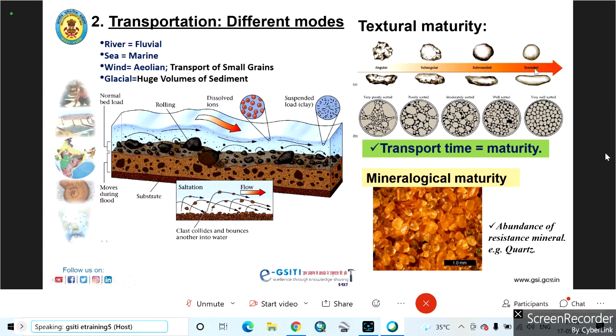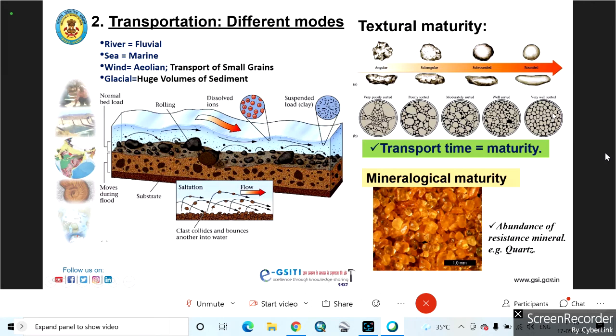Here in this right-hand side diagram, you see that there are different shapes of the grain from angular to rounded. So in this visual estimation chart, you can see that if the composition is like that, it will be termed very poorly sorted, and if well-rounded grains are present, that will be very well sorted.